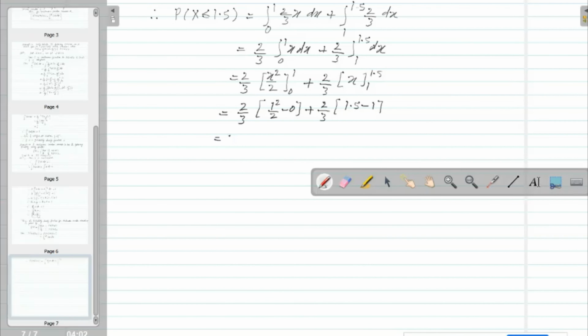This is equal to 2 by 3 into 1 by 2 plus 2 by 3 and 1.5 minus 1, that is 0.5 into 0.5.